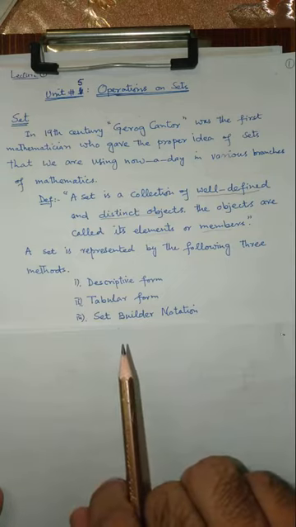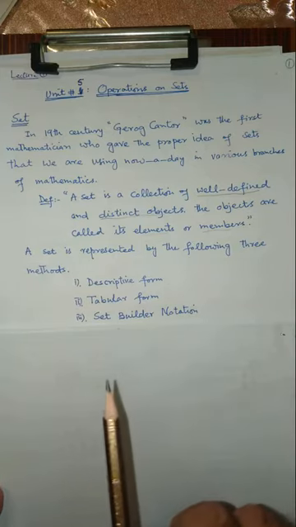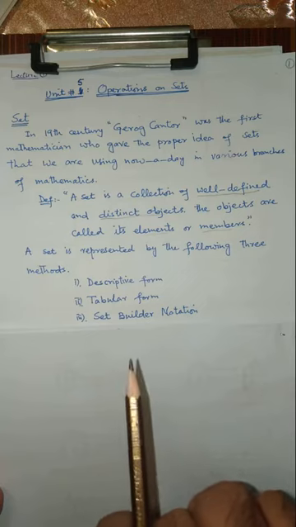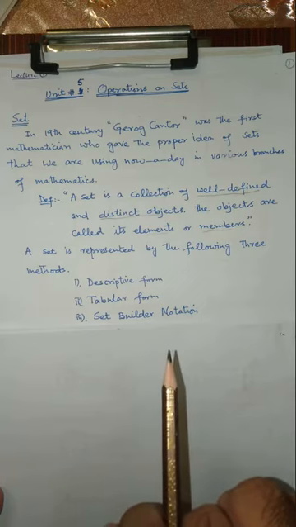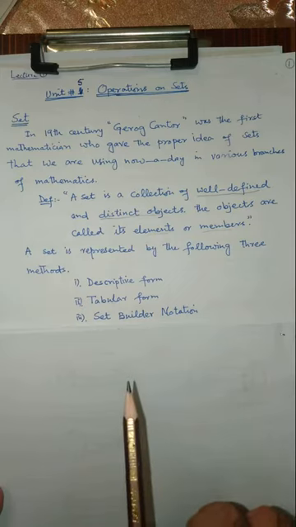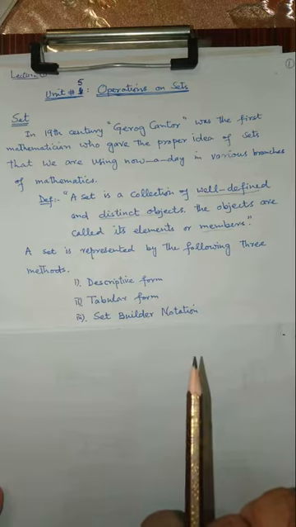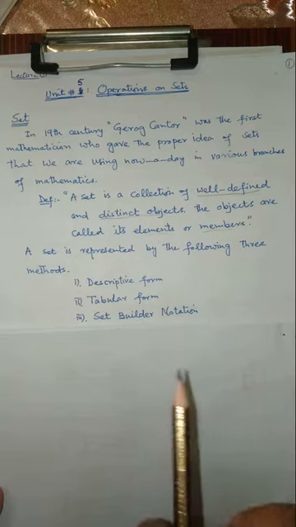In descriptive method, a set is written in statement form. In tabular form, a set is represented in two brackets. And set builder notation is a specific method in which we represent each element by a variable x.